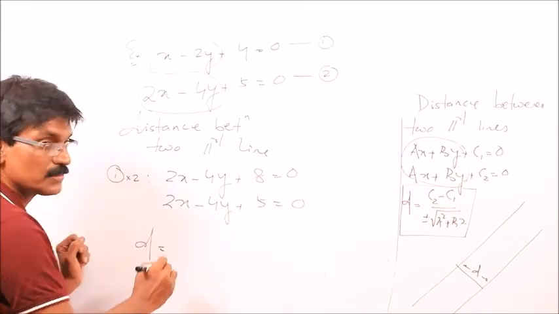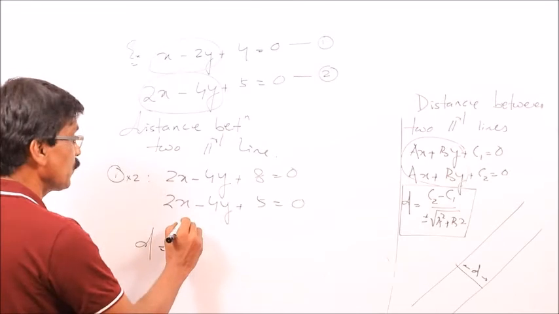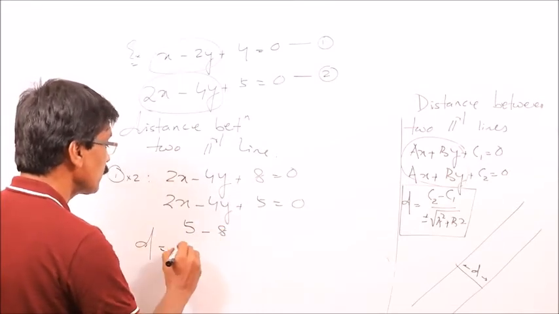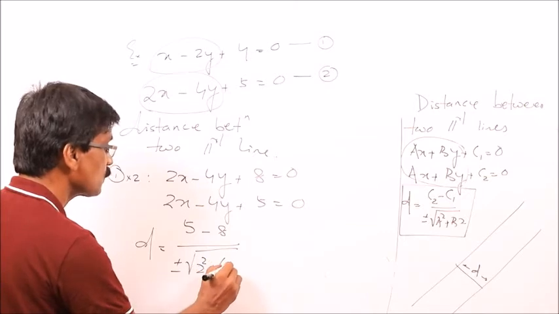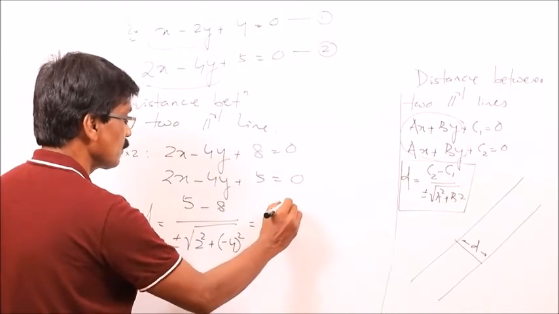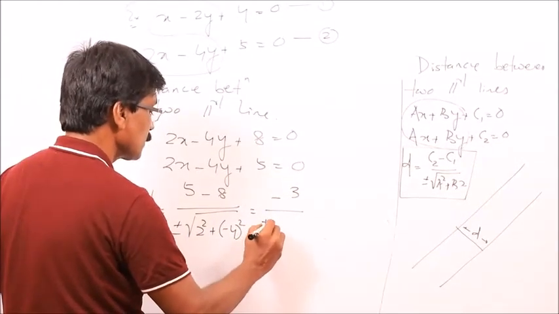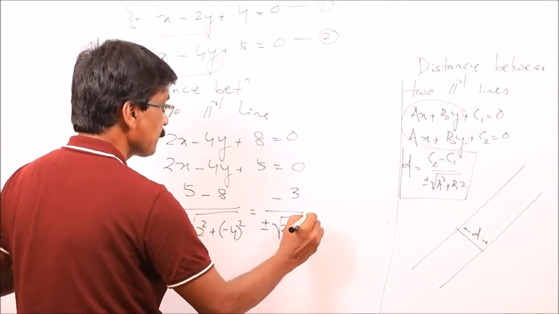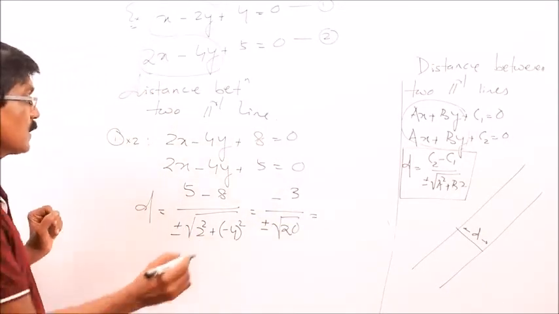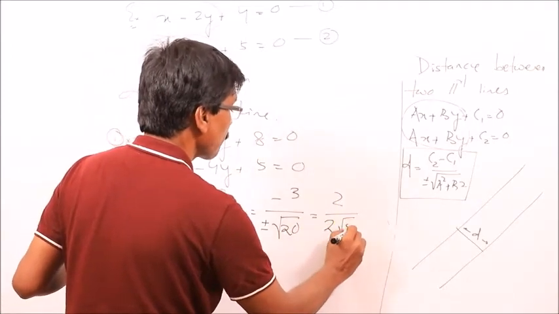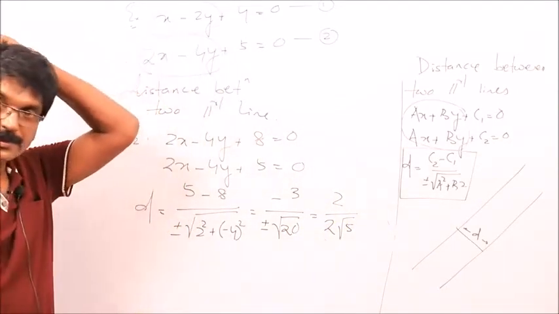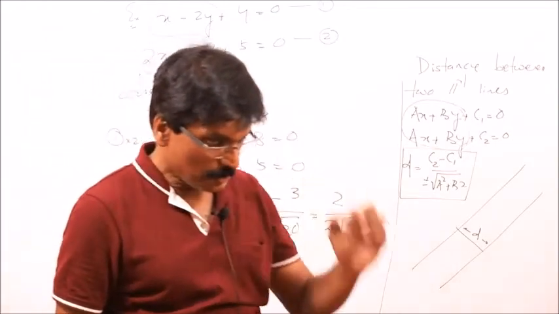So, distance is equal to 5 minus 8 divided by root over of 2 square plus minus 4 square, that is equal to minus 3 by plus minus root 20. So, taking the positive side, that is 3 by 2 root 5. So, this is the perpendicular distance between parallel lines.